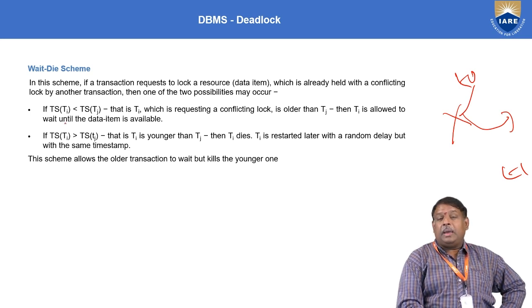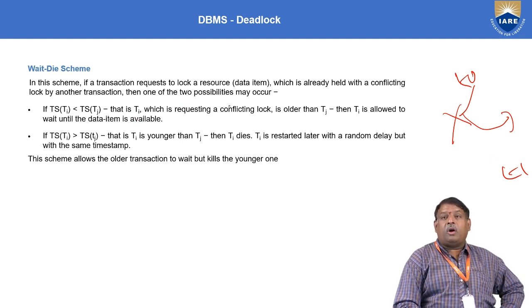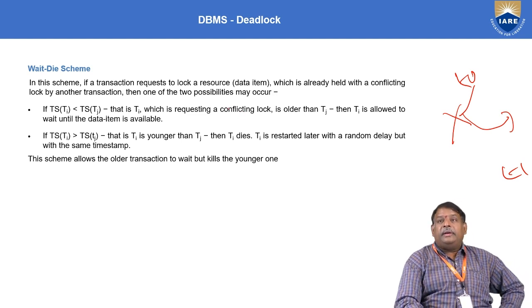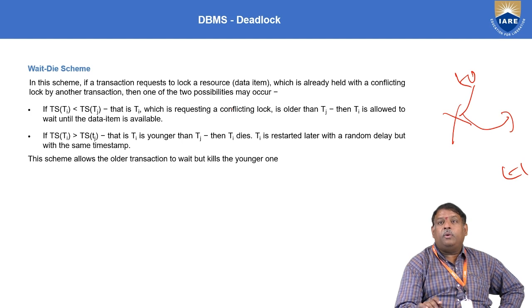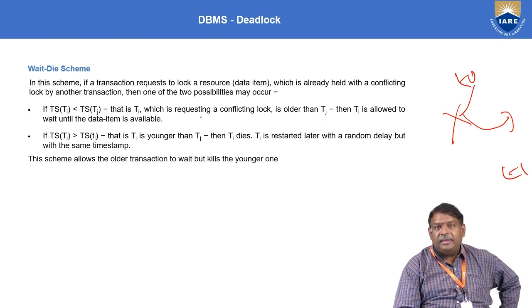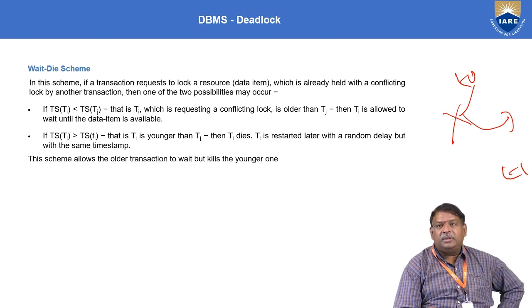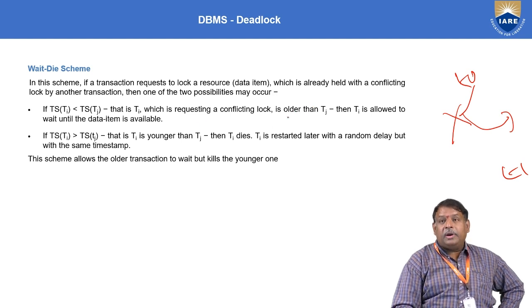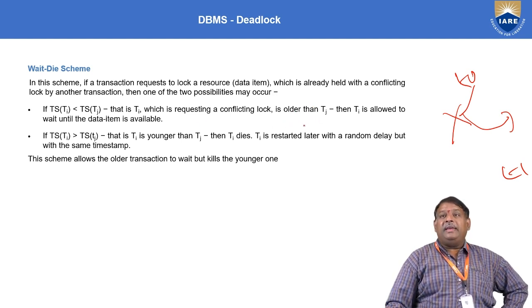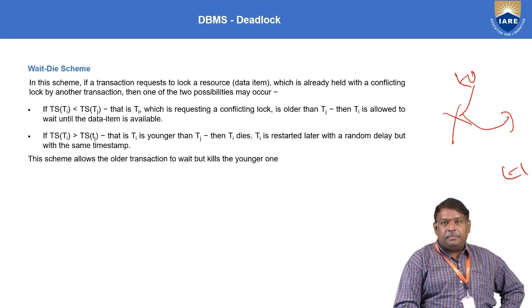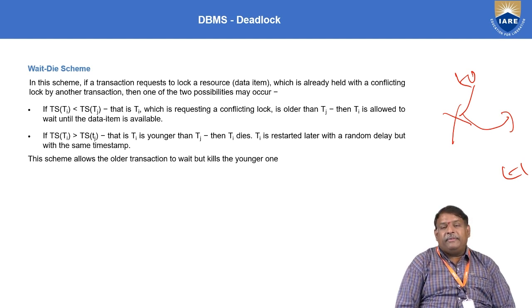If the timestamp of Ti is less than the timestamp of Tz, that is, Ti, which is requesting a conflicting lock of X held by Tz, is older than Tz, then Ti is allowed to wait until the data is available.